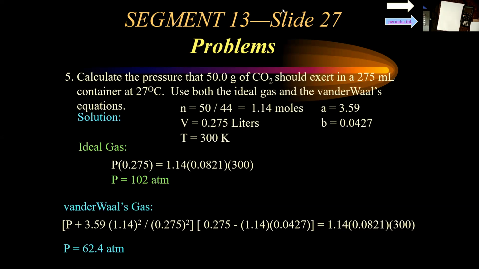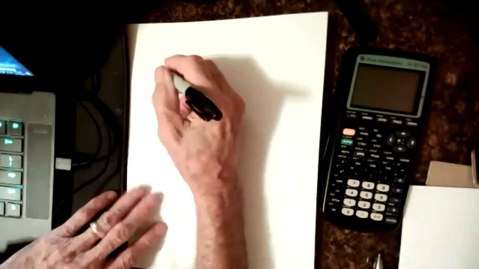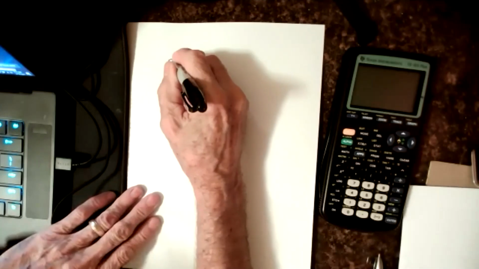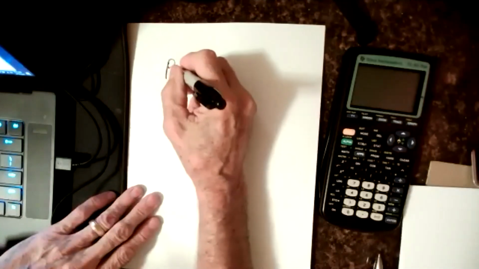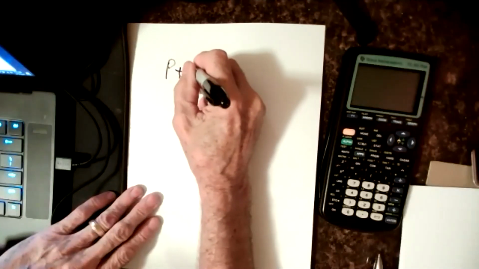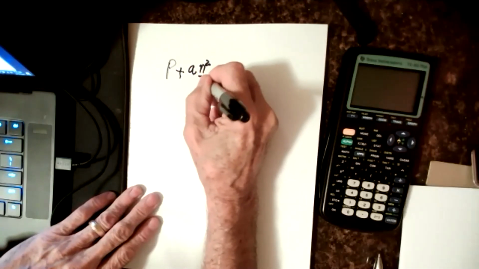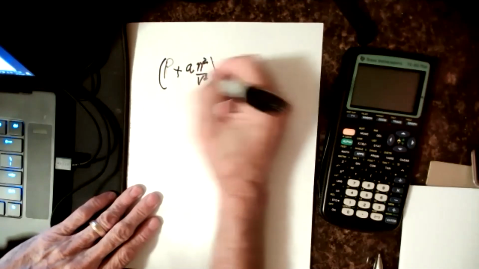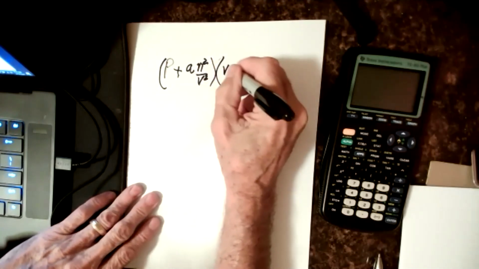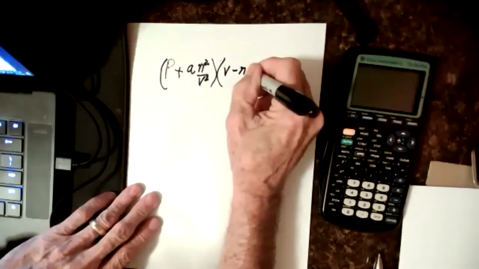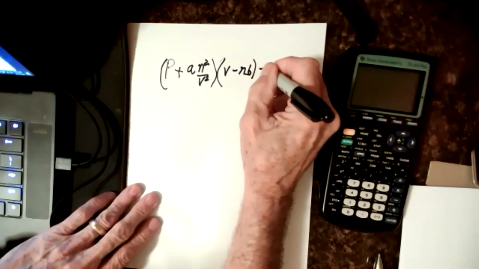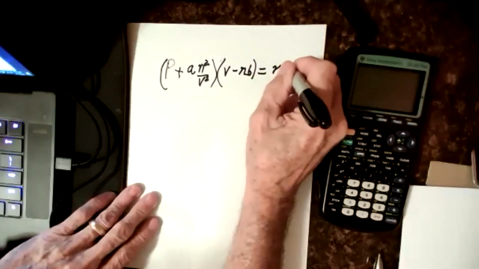Stop the sharing so you can see this. Now, the van der Waals equation, you do have to memorize this: (P + a n squared over V squared) times (V minus nb) equals nRT.